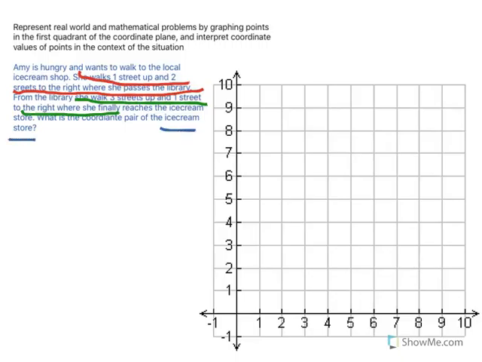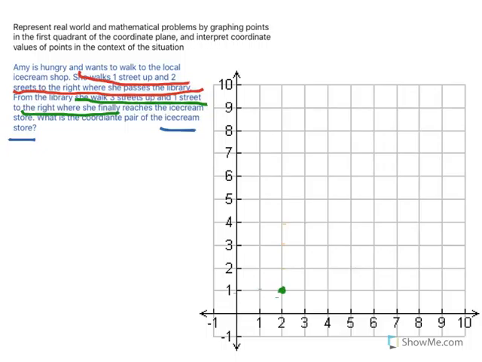So we want to know what the coordinate of the ice cream store is. So we start here, and it says she goes 1 street up and 2 streets to the right. So 1 up, 1, 2 to the right. So that's where the library must be. Then, from that library, she walks 3 streets up, so 1, 2, 3, and then goes 1 street to the right, 1.